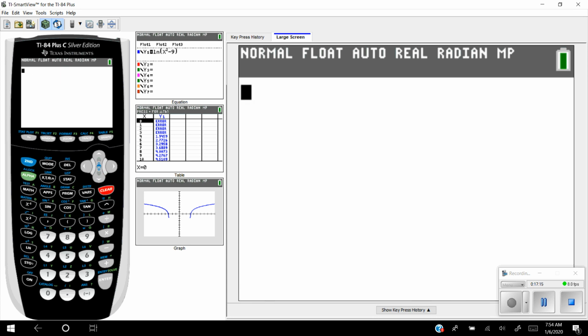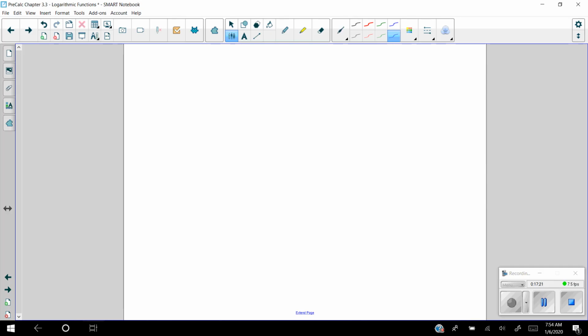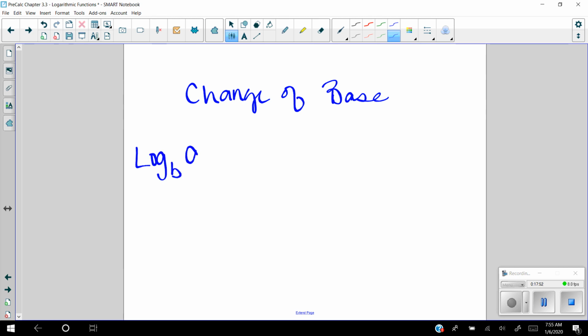Now, if your calculator does not have either of these, or you're using a scientific calculator, then you can still calculate a logarithm or type in logarithms that don't have a base 10 or a base e using what's called the change of base formula. And this is something that we'll look at again on Tuesday and Wednesday. But just for graphing purposes, if you're using a graphing calculator that doesn't have the change of base option, let's say we have a log base b of some value a.